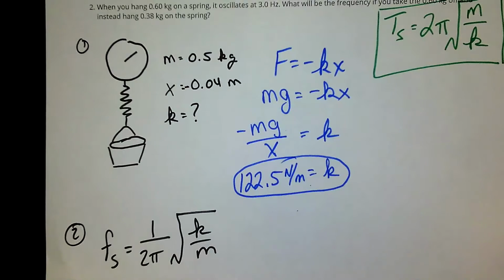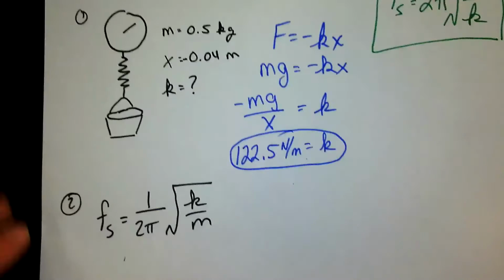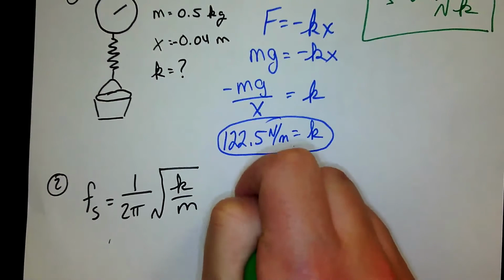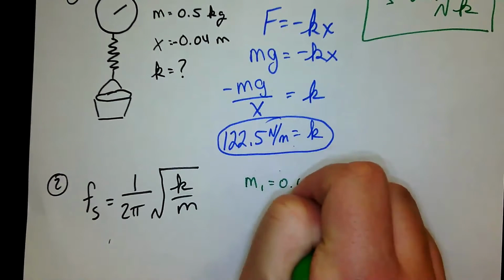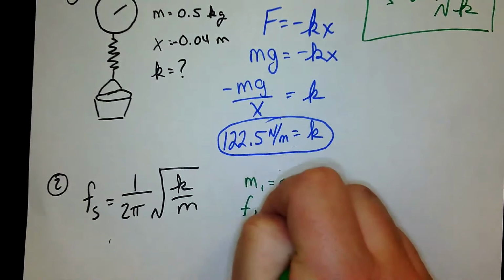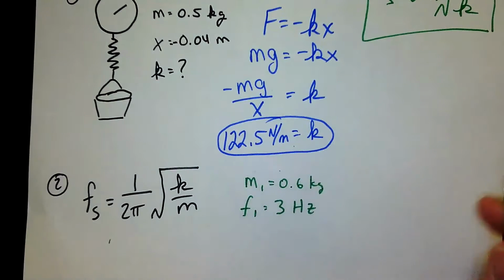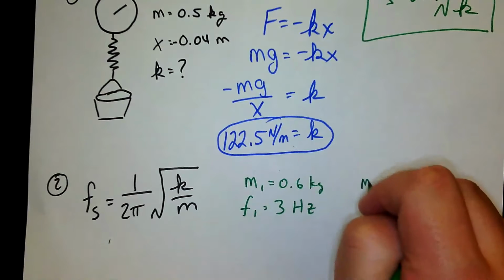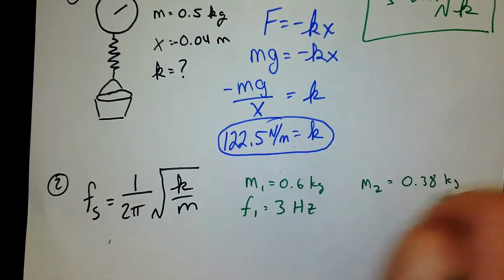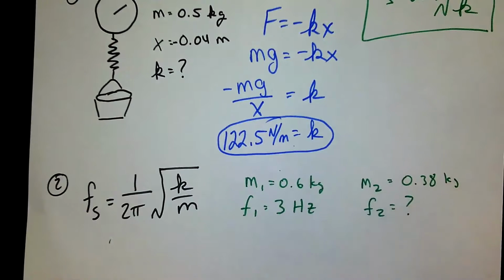Well, let's maybe start with what we know. At first, when I put a mass of 0.6 kilograms on it, I get a frequency of 3 hertz. Then when I put a mass of 0.38 kilograms on it, I get a frequency of, I don't know.